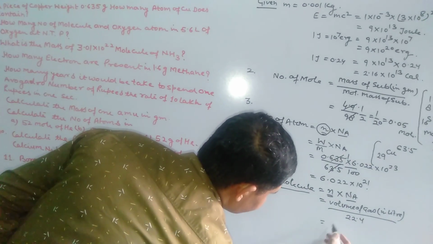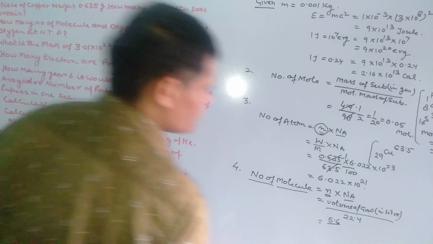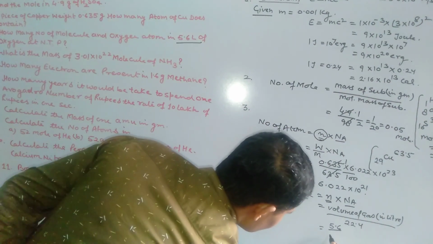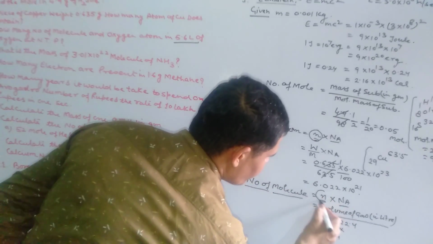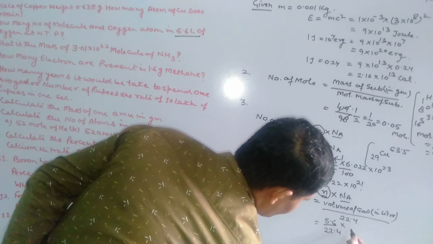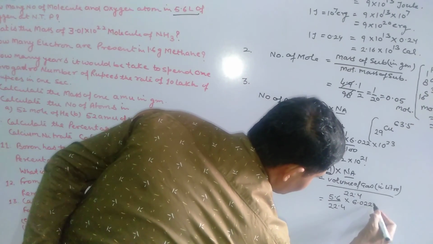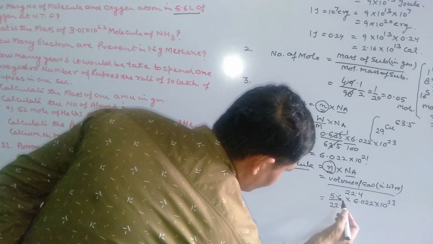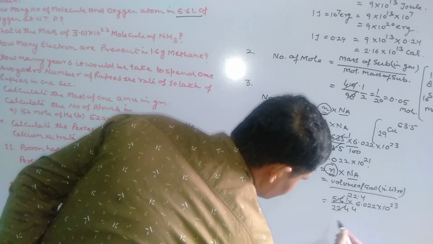Number of moles is 5.6, the volume of gas, divided by 22.4, that is the value of N, multiplied by the Avogadro number 6.022 into 10 to the power 23. It will be 1/4.